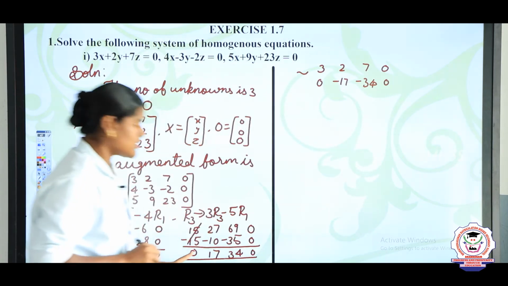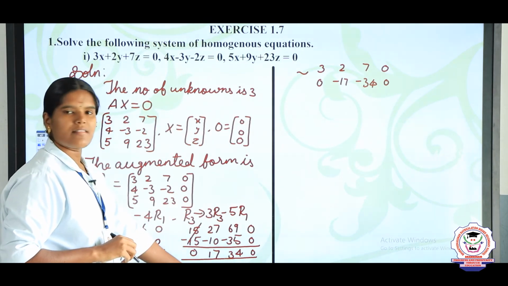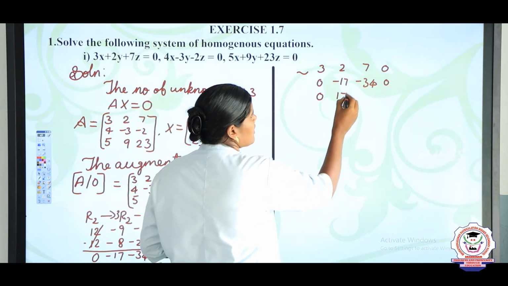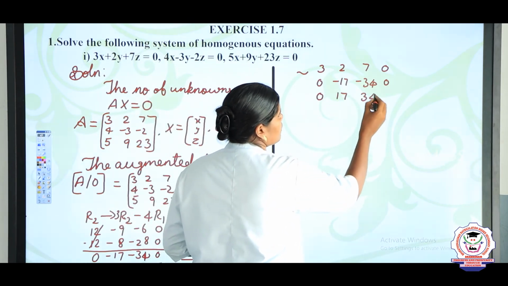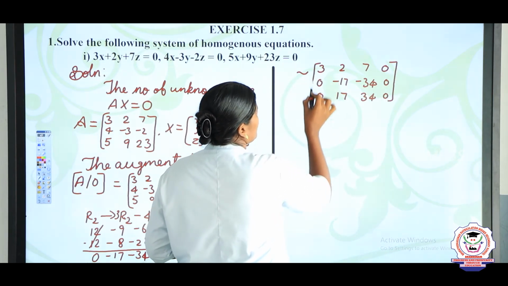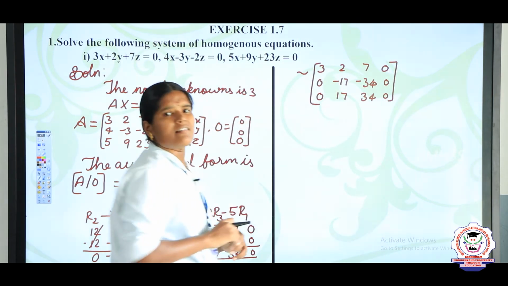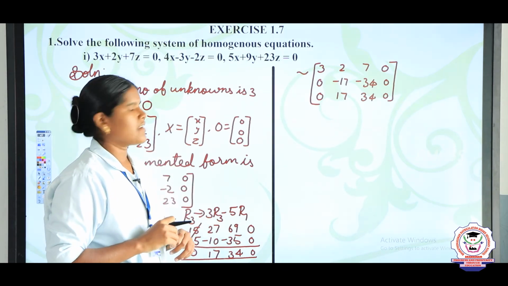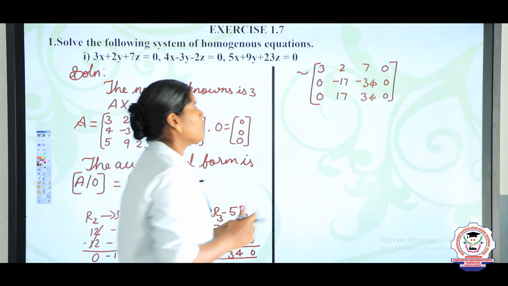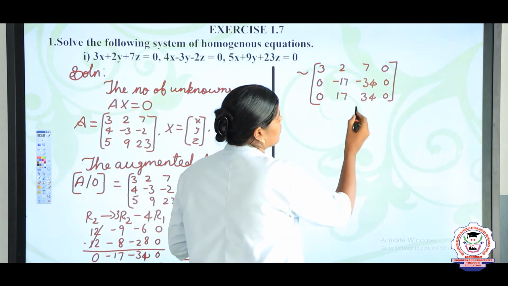And third row is 0, 17, 34, 0. So, look at the last two rows, it has same value with negative signs. So, we directly add this, then we get the answer 0. So, I am going to add row 2 and row 3.